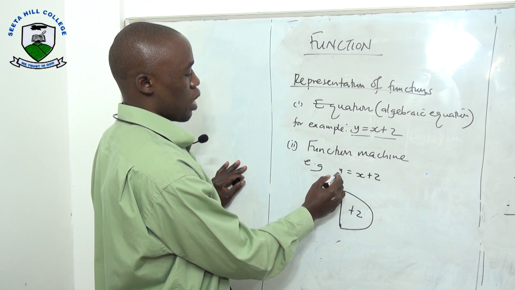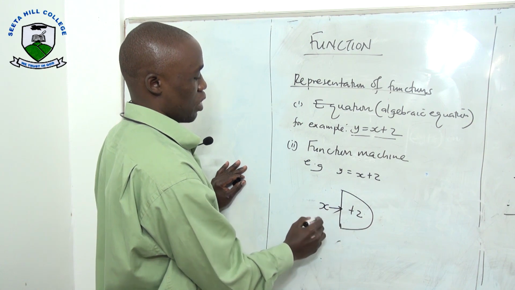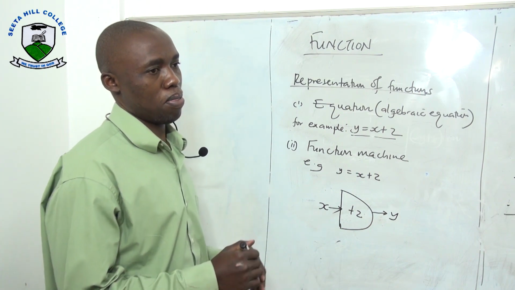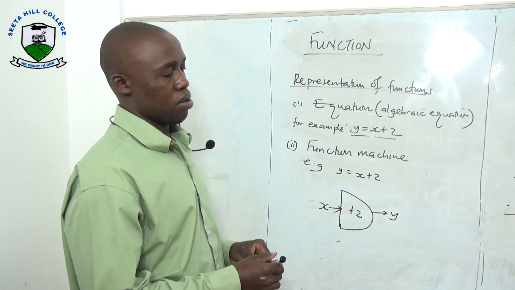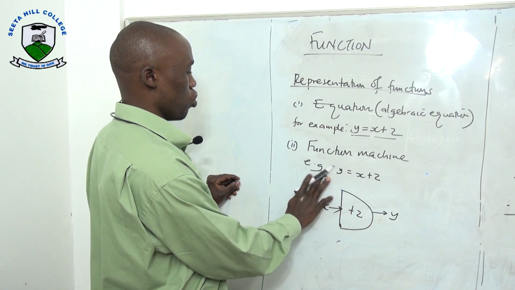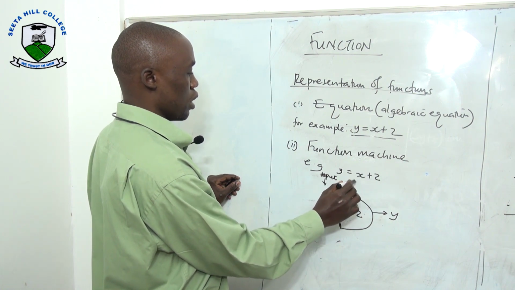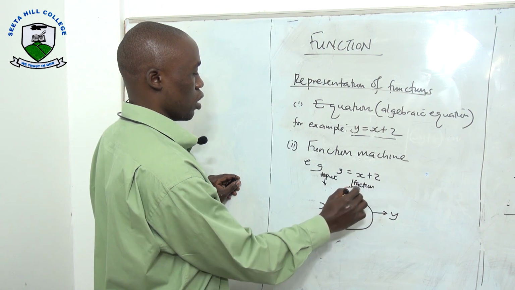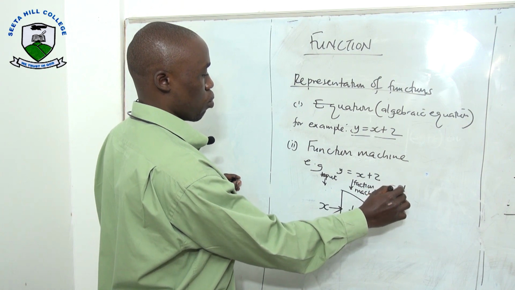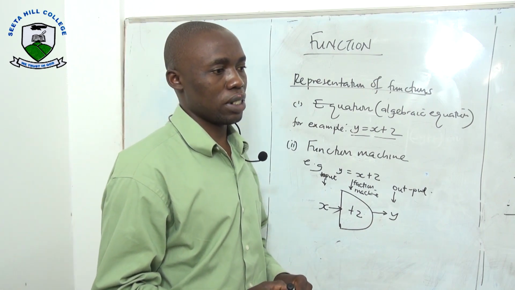Each time I want y, I add 2 to x. This part, x, is called the input. You feed in the input, then this is called the function machine that does the work. Then you output from here. To output is to get the result.